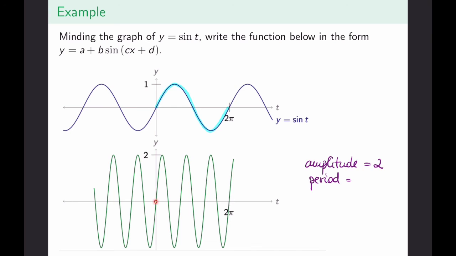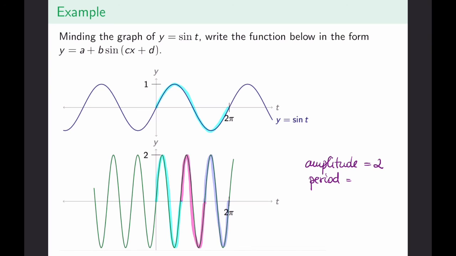But between 0 and 2 pi here, we see that the function has gone through a number of different repetitions. In fact, exactly 3 of them. Let's highlight each one. So I have one sinusoidal period, and then I have a second one, and then I have a third one, which means that the period has been contracted by 3.